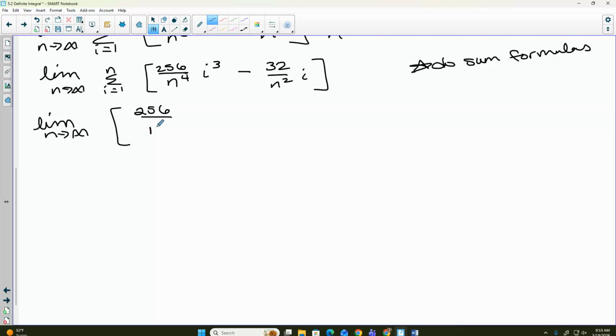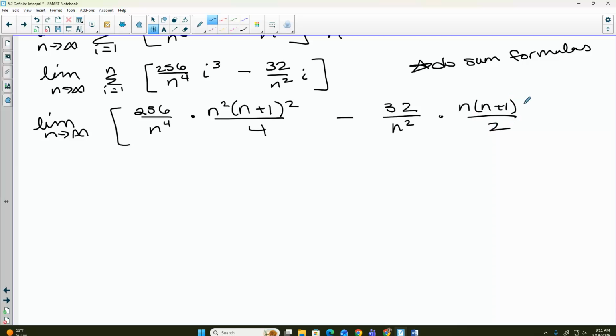Coefficients just stay. The i cubed formula is n squared n plus 1 squared over 4, times 32 over n squared times my i formula, n times n plus 1 over 2. So we're using these formulas so the sum drops and we get these expressions for the i's.